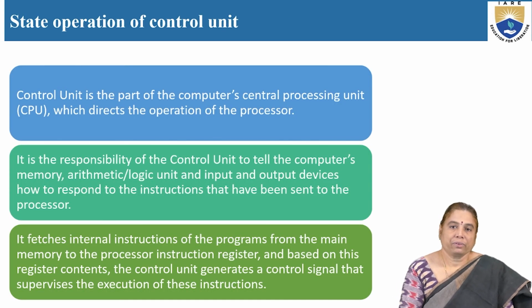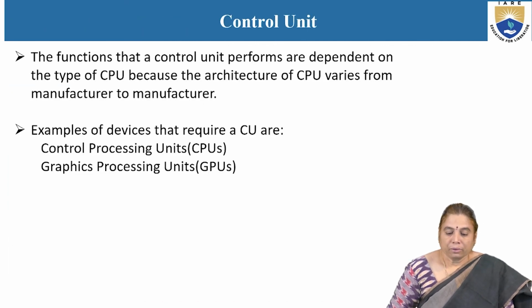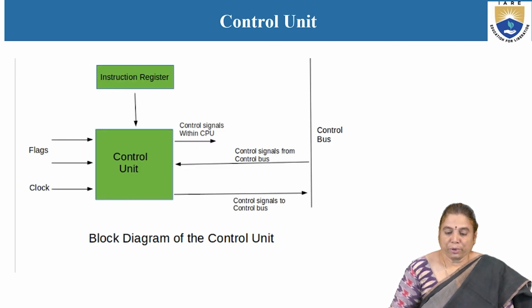State operations of the control unit. The control unit is the subunit of the CPU, and it is used to control and monitor various operations of other functional units with the help of clock signals. Generally 2 devices that can be required are central processing units and graphical processing units, GPUs.